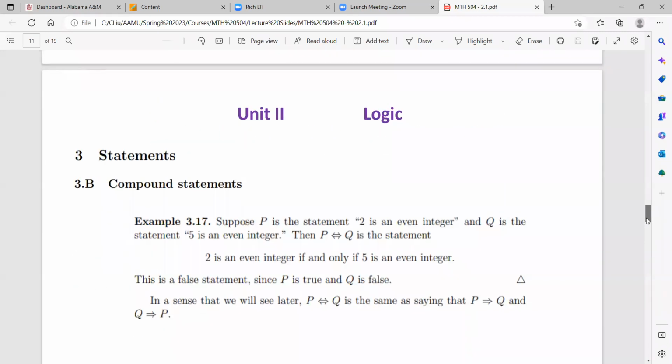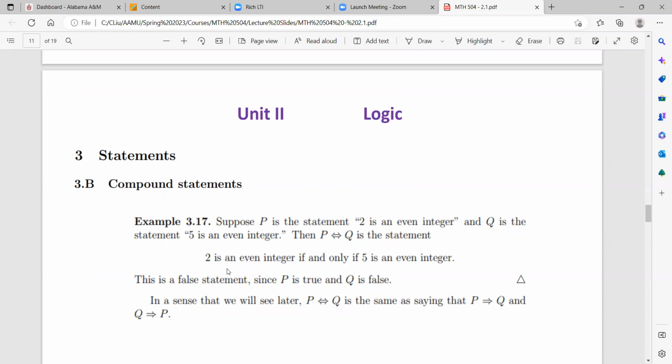All right. Let's look at more examples. Suppose P is the statement 2 is an even number and Q is the statement 5 is an even integer. We already talked about that quite a few times. Then P if and only if Q is the statement with if and only if between those two statements.